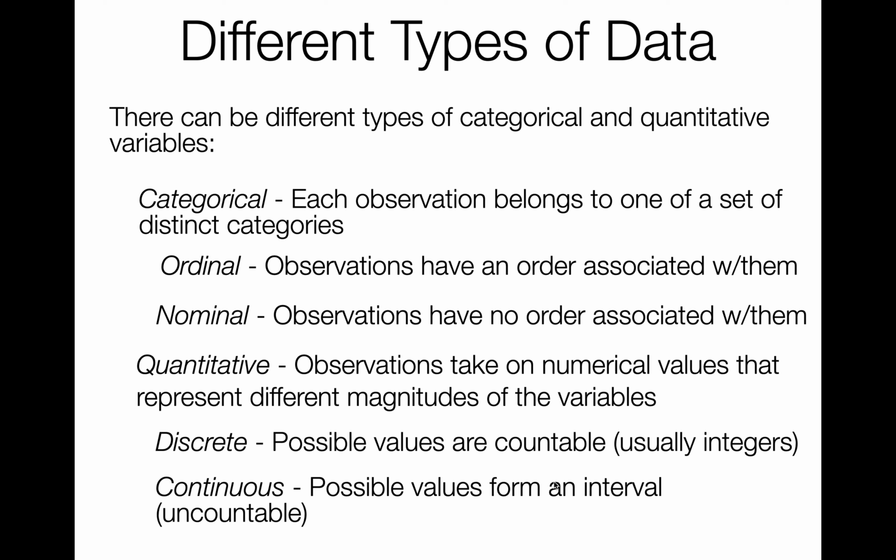The number of unique numbers in the interval between 0 and 1 is uncountable. There's an uncountably infinite number there. Anything that follows that sort of description is called a continuous variable.